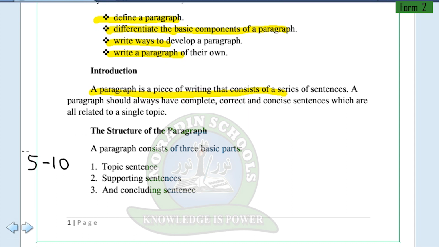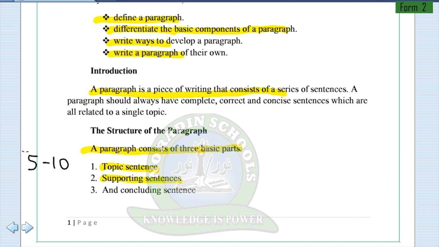Structure of the paragraph. How can we divide? How many parts do we need to write a paragraph? A paragraph consists of 3 basic parts. The first one is the topic sentence. The second part of a paragraph is supporting sentences.